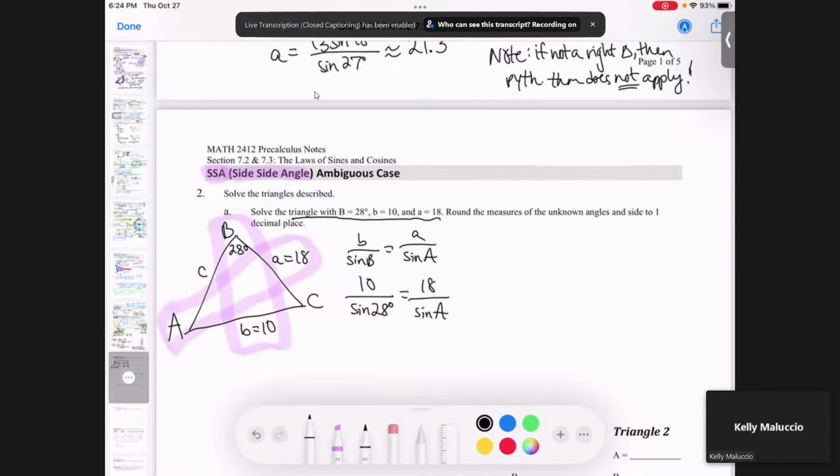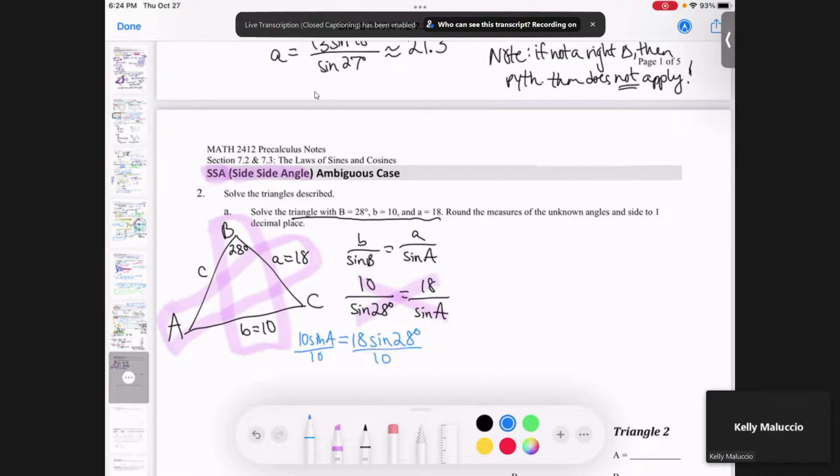Now, here's where you could cross multiply to solve, and that's what I will do and write it out for you. Maybe you would do 10 sine A equals 18 sine 28, in which case, just divide both sides by 10.